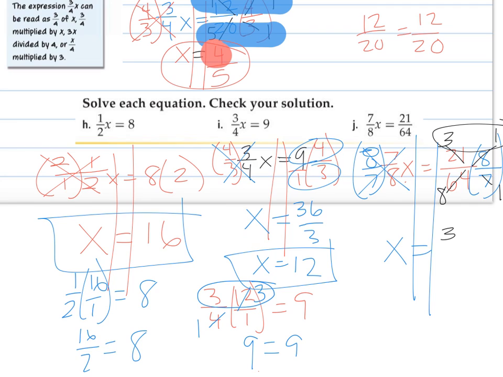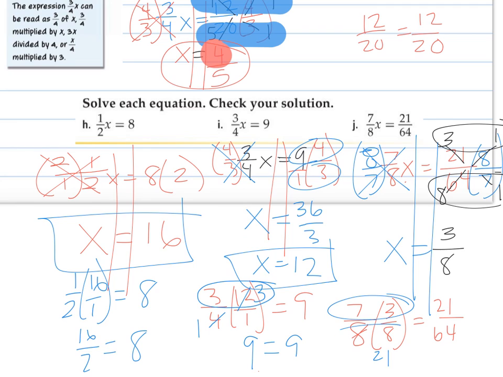I'm left with 3 over 8. Plug it into check. 7/8 times 3/8 should be 21/64. And it is.